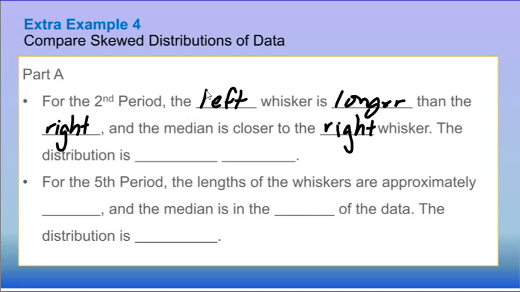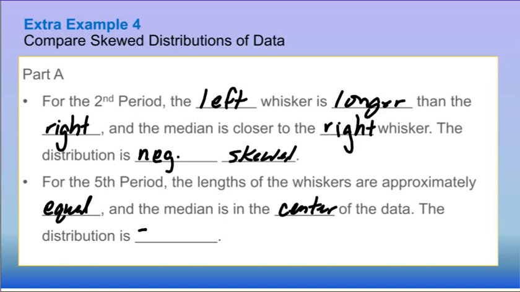The distribution for this one, as we said, was negatively skewed. For the fifth period, the length of the whiskers are approximately equal, and the median is in the center or middle of the data. The distribution is symmetric.